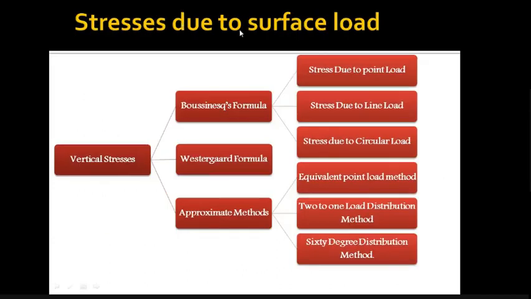The stresses due to the surface load can be calculated with the help of these theories: Boussinesq's equation, Westergaard's equation, and approximate methods. As per Savitribai Phule Pune University, in the syllabus, we will start with Boussinesq's equation for the point load.